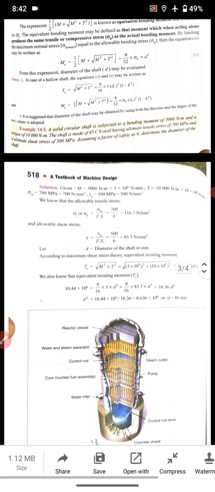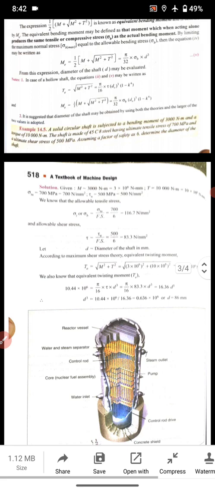We know that the ultimate stress divided by the factor of safety will give the allowable stress. So 700 upon 6 gives 116.7 Newton per millimeter square as the allowable tensile stress, and the allowable shear stress will be 500 upon 6, that is 83.3 Newton per millimeter square.